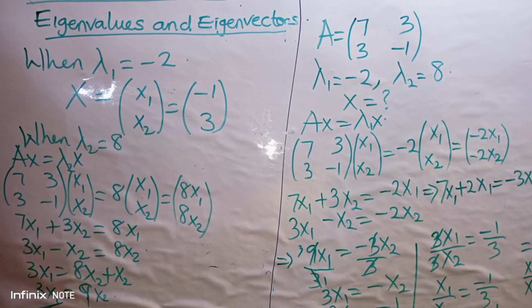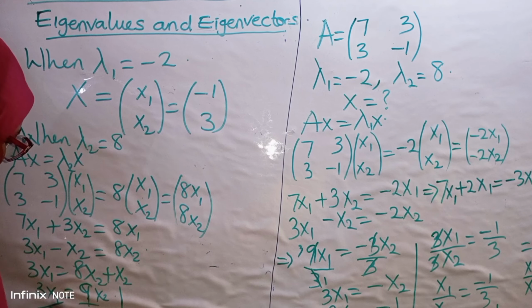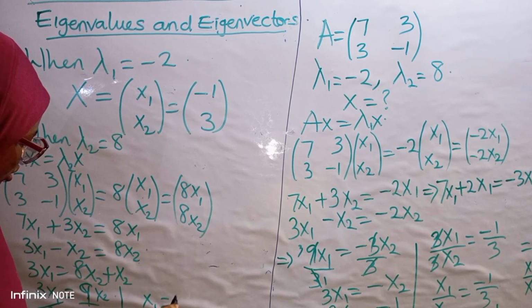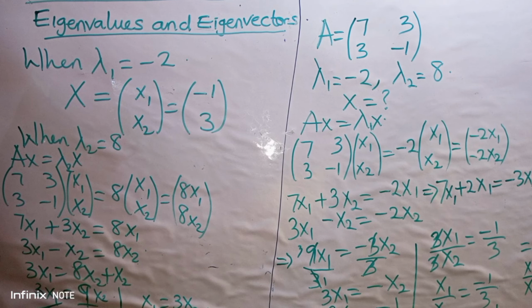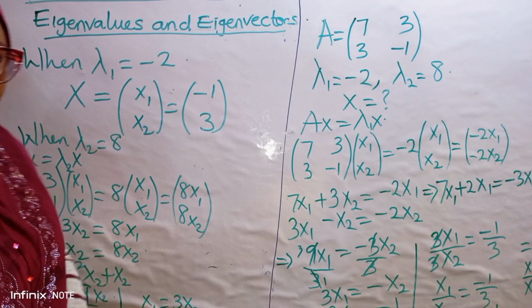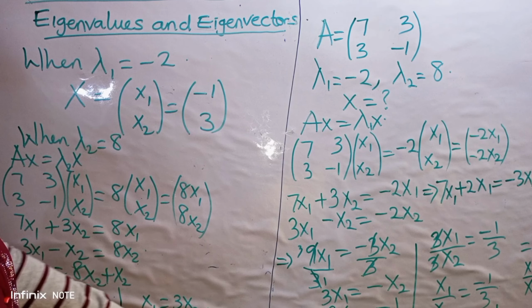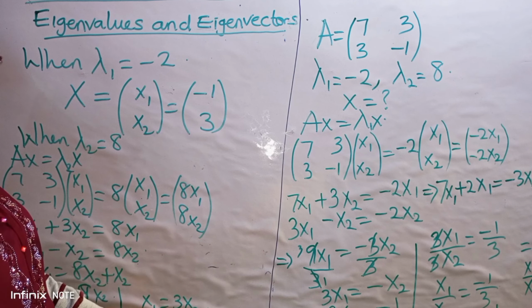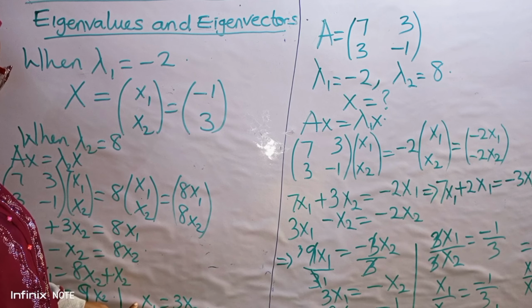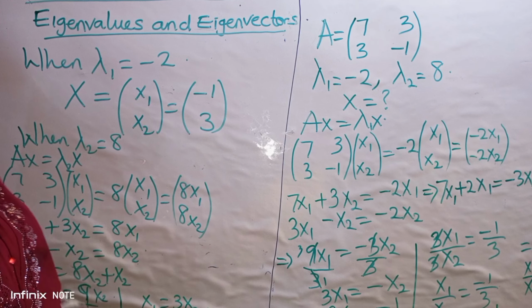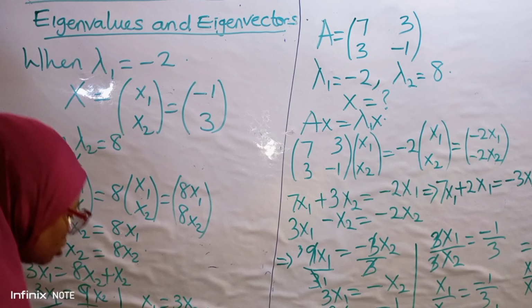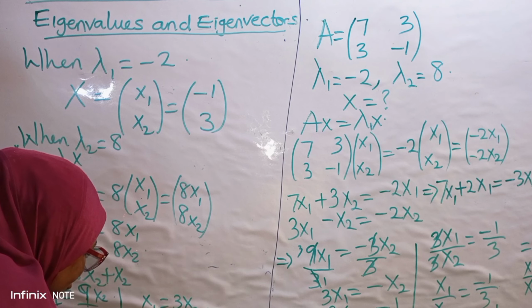Divide both sides by 3. So here I have x1 is equal to 3x2. So you can easily know the value of x1 and x2 here. The coefficient of x2 will be the value of x1, and the coefficient of x1 will be the value of x2. You can do it, or you can also do it like this: divide both sides by x2.